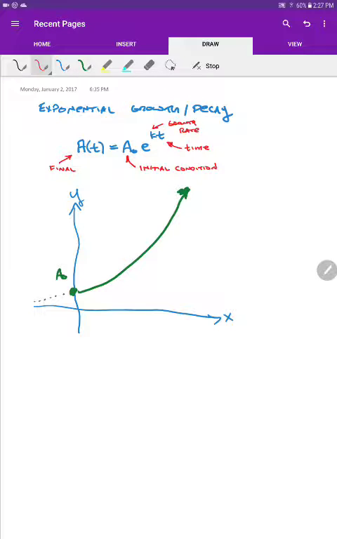Well, exponential decay works in a similar way. If we have decay occurring, it will occur like this. Dot this line, and then we get to an initial condition, and it decays exponentially down towards the asymptote of the x-axis.